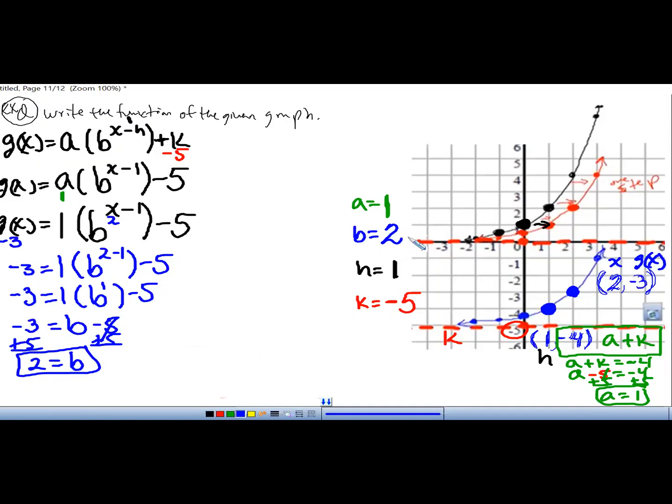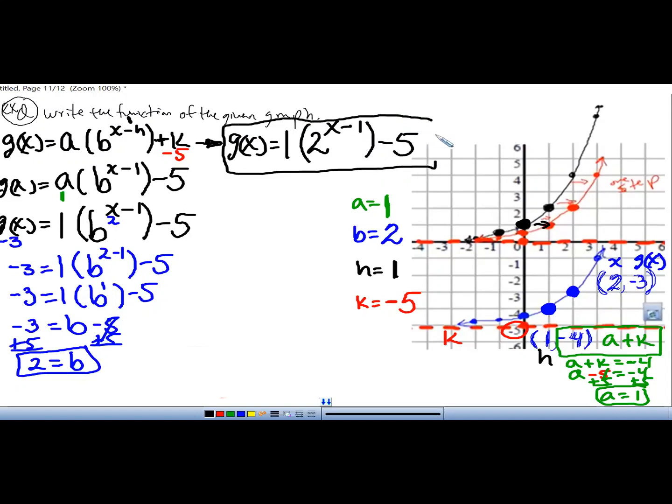Now that we have all 4 parameters, I'm going to take my general rule and write it now using all these parameters. So you go, G of X equals A, but what is A? 1, parentheses, base, what is the base? 2, X minus 1, close parentheses, minus 5.